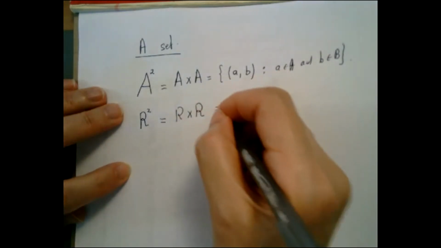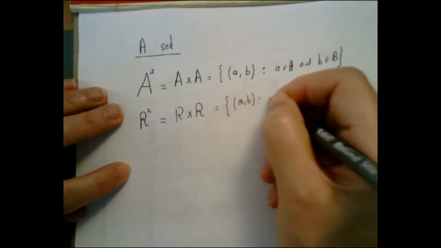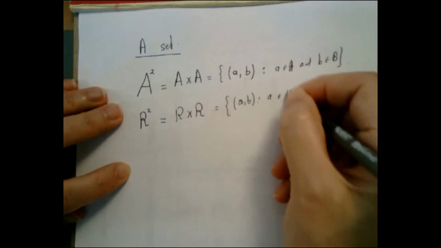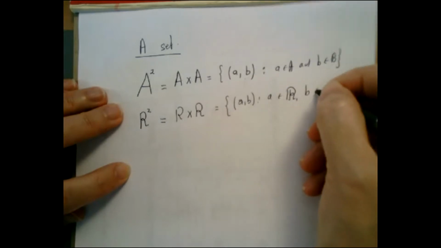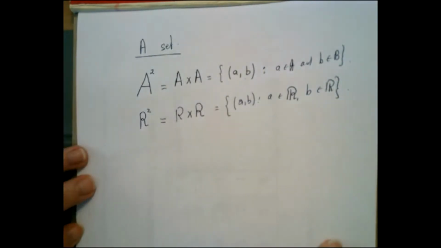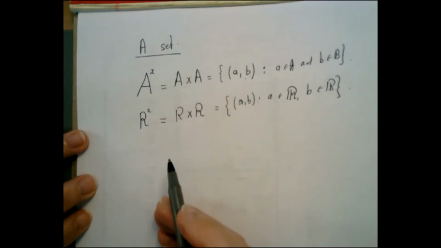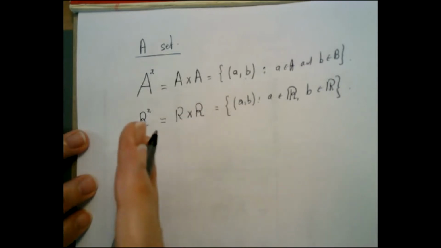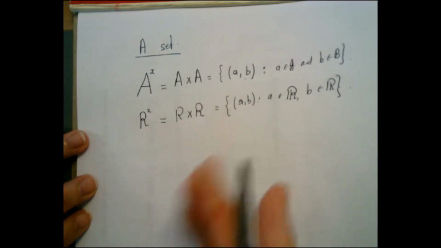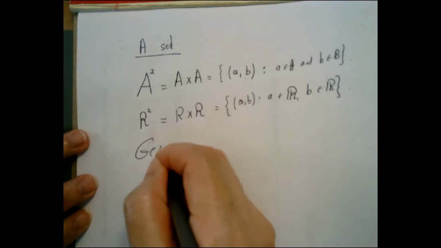It means, again, all the pairs (a, b) or (x, y), I don't care what you write, where a is in R and b is in R. Now, we can generalize the idea of Cartesian product. Instead of taking the Cartesian product of 2 sets, I can take the Cartesian product of 3 sets, of 4 sets. So let us generalize a little bit.